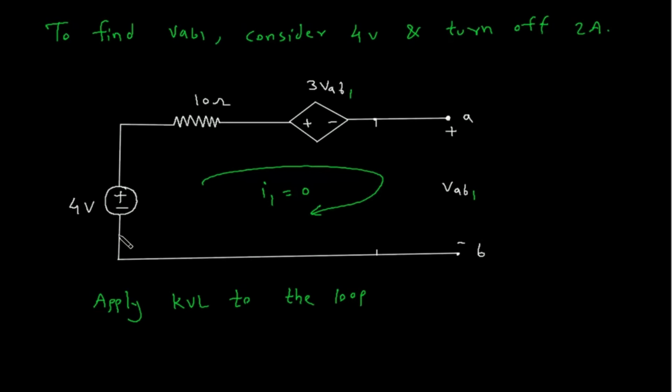We will start from here. So this will be minus 4, then plus 10 into 0, plus 3 VAB1 plus VAB1 is equal to 0.